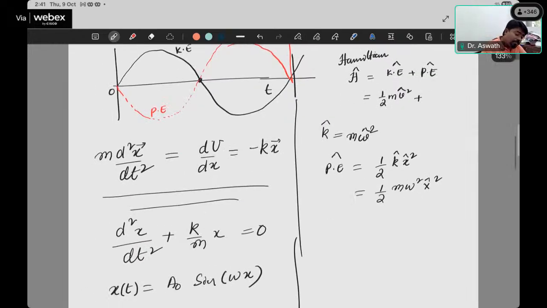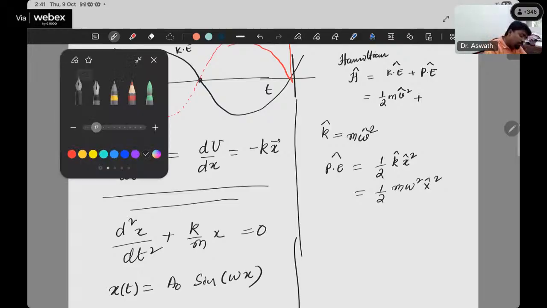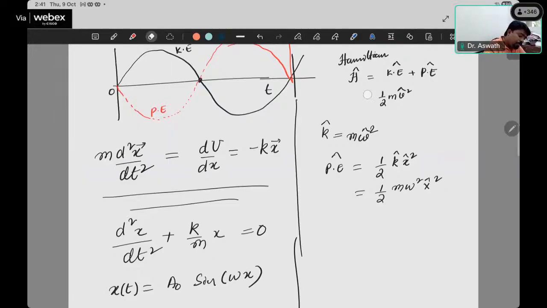Now, kinetic energy, half mv square. What will I do? Let me do one trick here. Kinetic energy is equal to half mv square, multiplied and divided by m, which becomes p square by 2m.